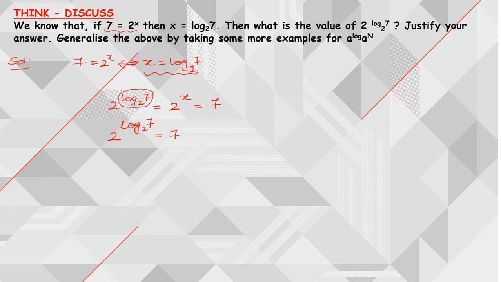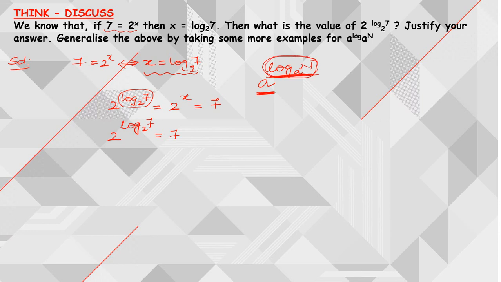So what is that formula? If you have a power log n to the base a, here this is the exponential form: a power something. And again, this power something is the logarithmic form.